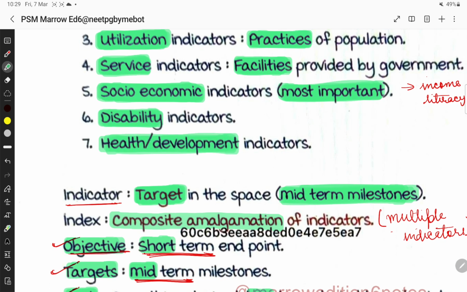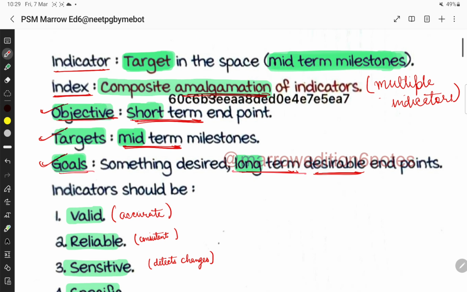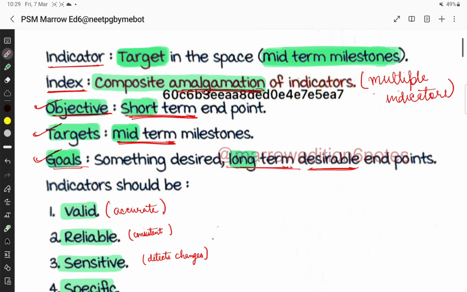Now there is a term called index. Index is a composite amalgamation of the indicators. It is a collection.